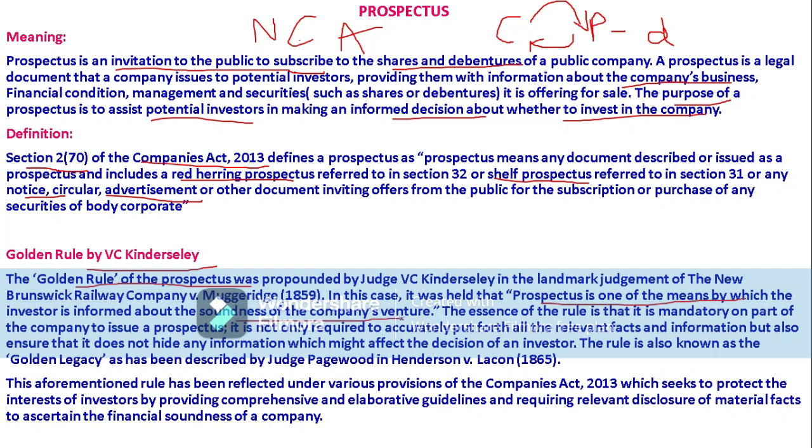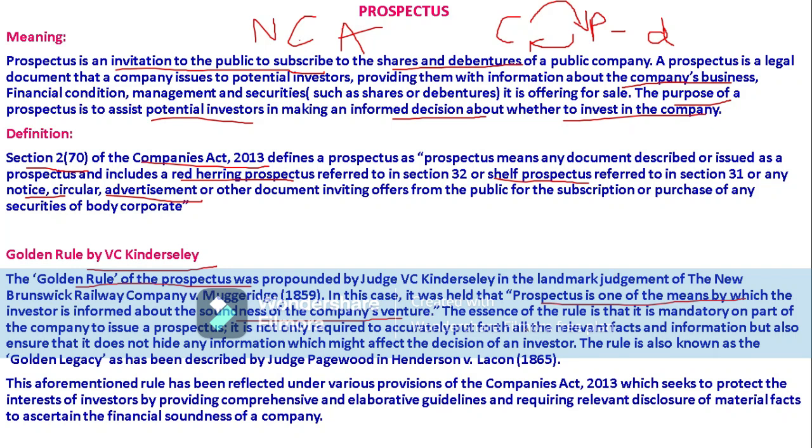Soundness of the company's venture means the company is performing well in its financial status, in its management, in its securities, in each and everything. All the information in a positive manner is known as the soundness of the company's venture.